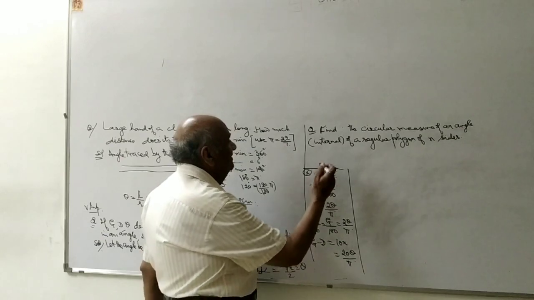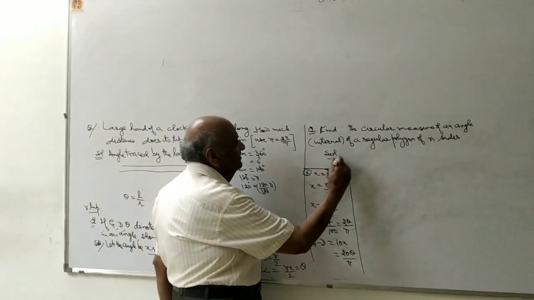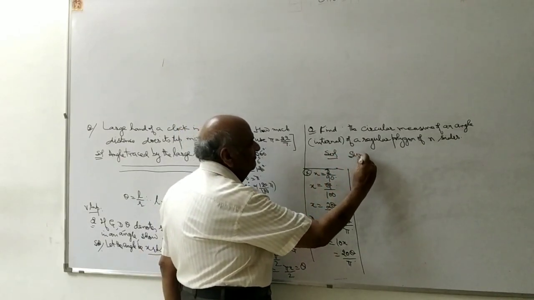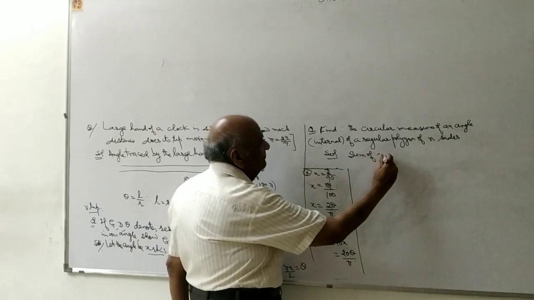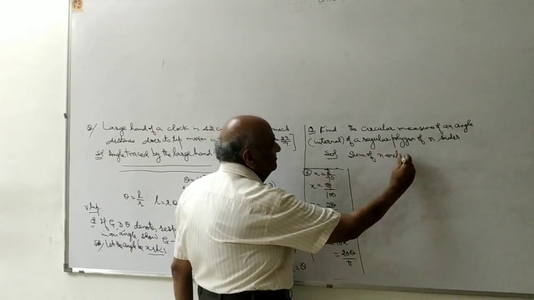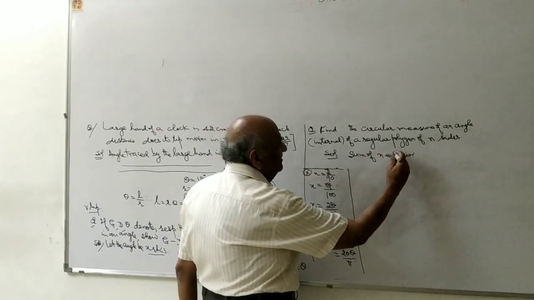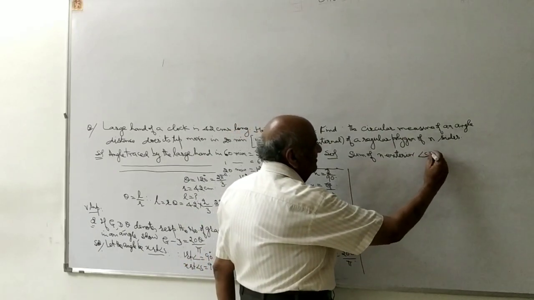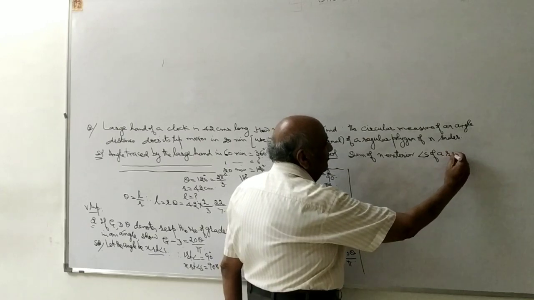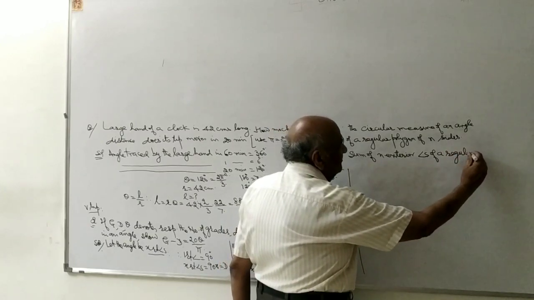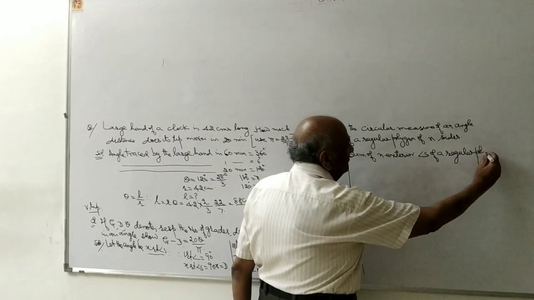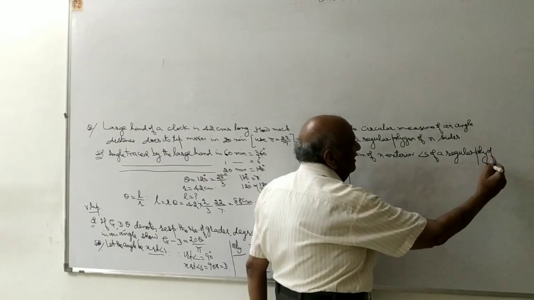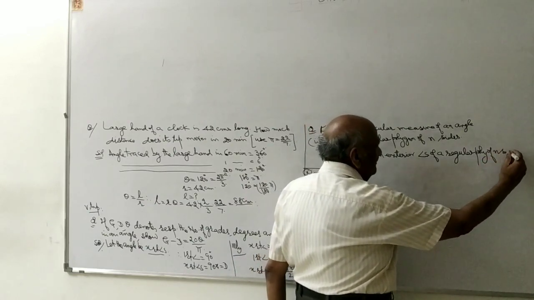Therefore, for this case, the sum of n exterior angles of a regular polygon of n sides. This is a very important case.